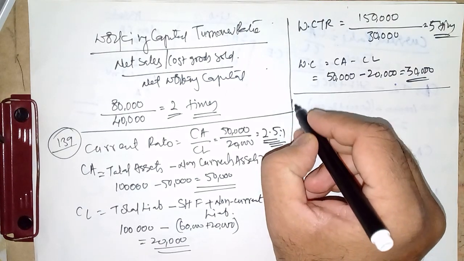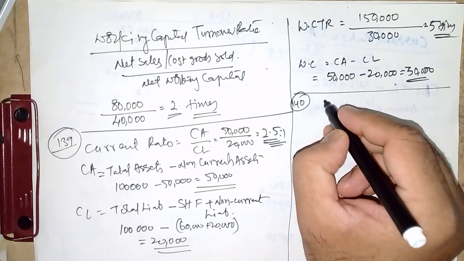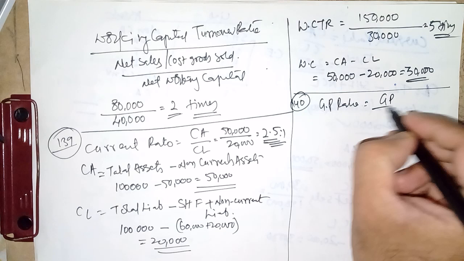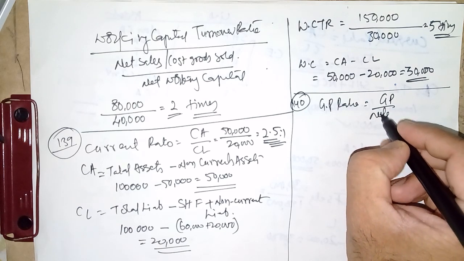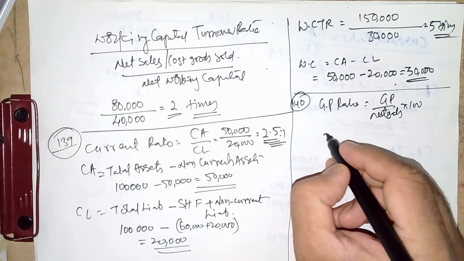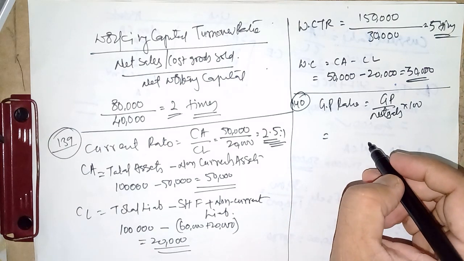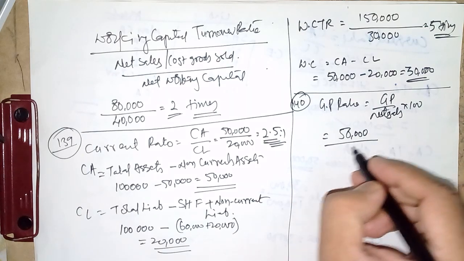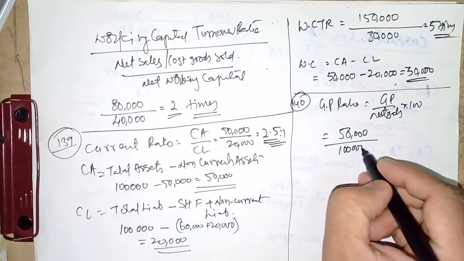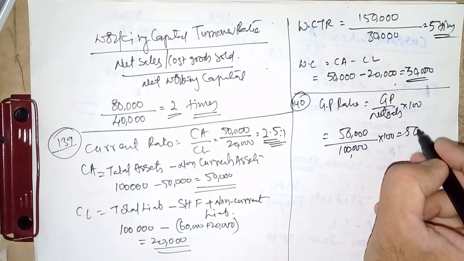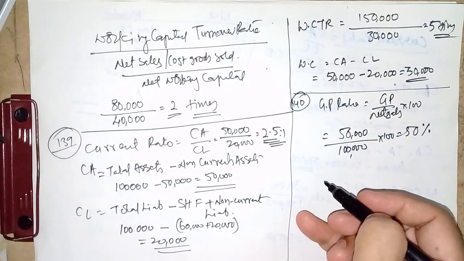Question number 140. Gross profit ratio is equal to GP by net sales into 100. Directly in the question, GP is given. Our gross profit is 50,000 divided by net sales of 1 lakh into 100, which is equal to 50%, our gross profit ratio.